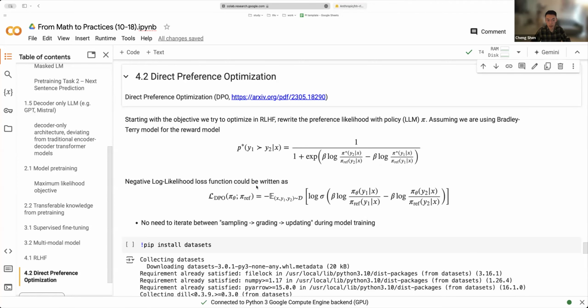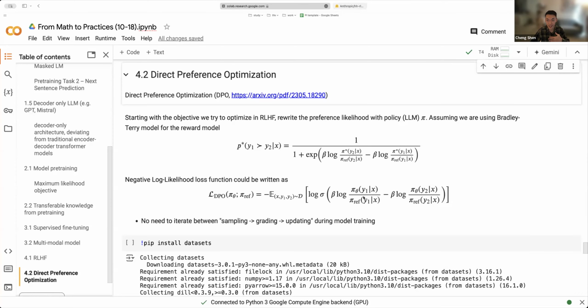And when we want to maximize this likelihood, we want our model to give the right preference. We don't have to do the sampling, grading, and then update. We can directly update the gradients with back propagation. We can back propagate the negative log likelihood loss into our large language models, and we can run the updates.